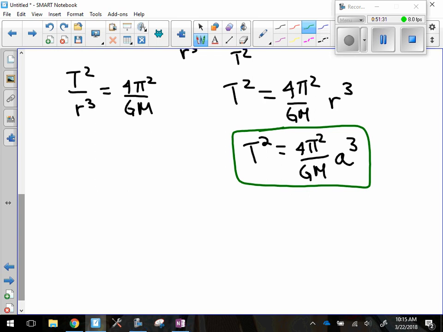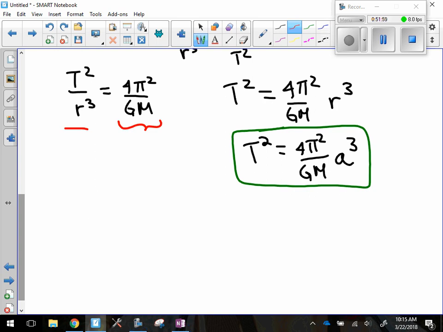But I want to go back to the way I wrote it first. Which tells you that that ratio of T squared over A cubed is equal to a bunch of things that are constant. 4 pi squared and G are the same everywhere and for always.